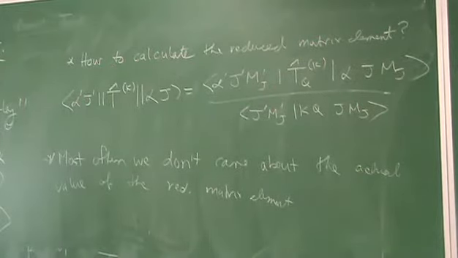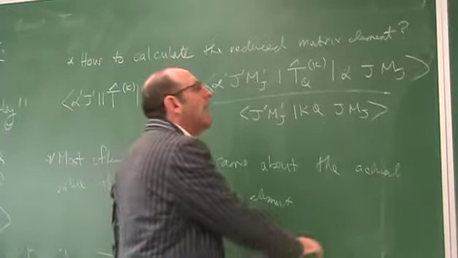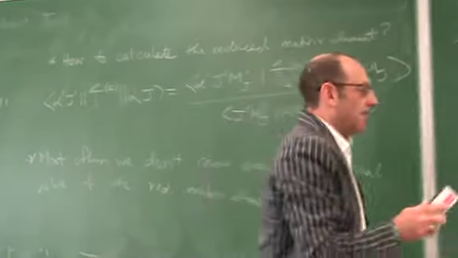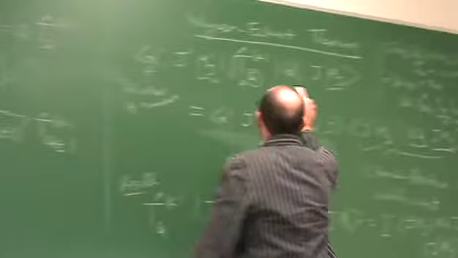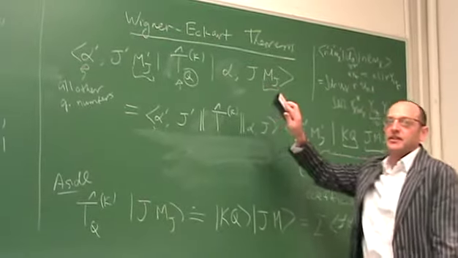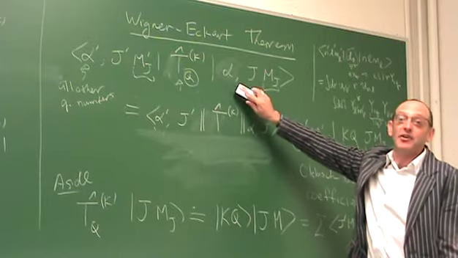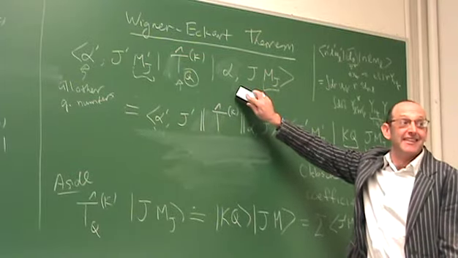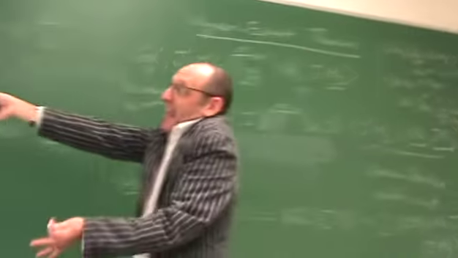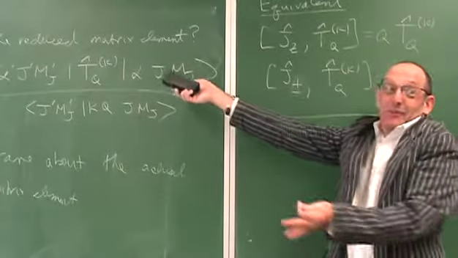Now, rarely do we actually use the Wigner-Eckhart theorem as a way of simplifying calculating a matrix element, because at the end of the day, I have to calculate at least one of these.